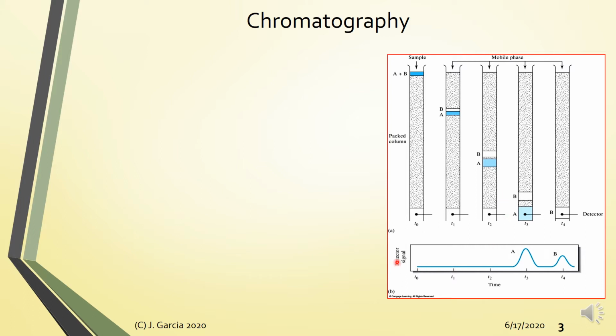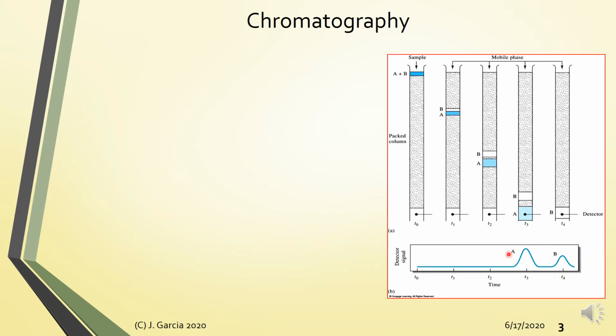Normally we plot the detector signal versus the elution time or the elution volume. If you did column chromatography in your thesis, normally what you record is the elution volume. And this plot is what you refer to as the chromatogram.